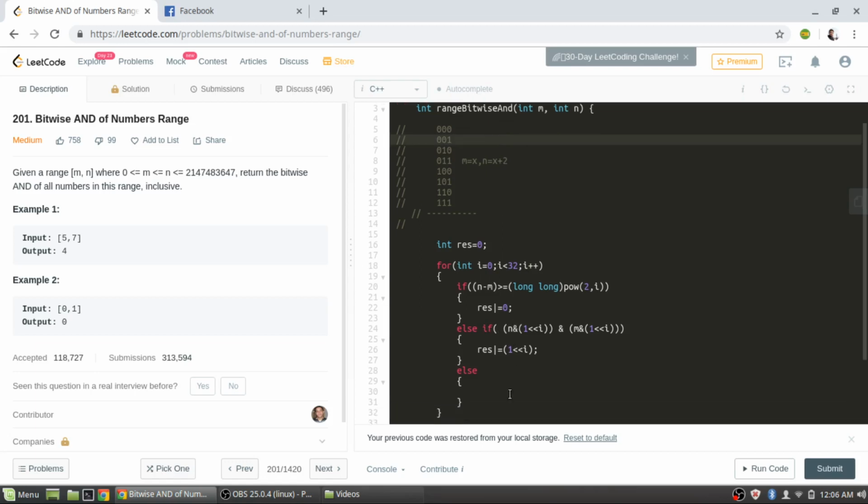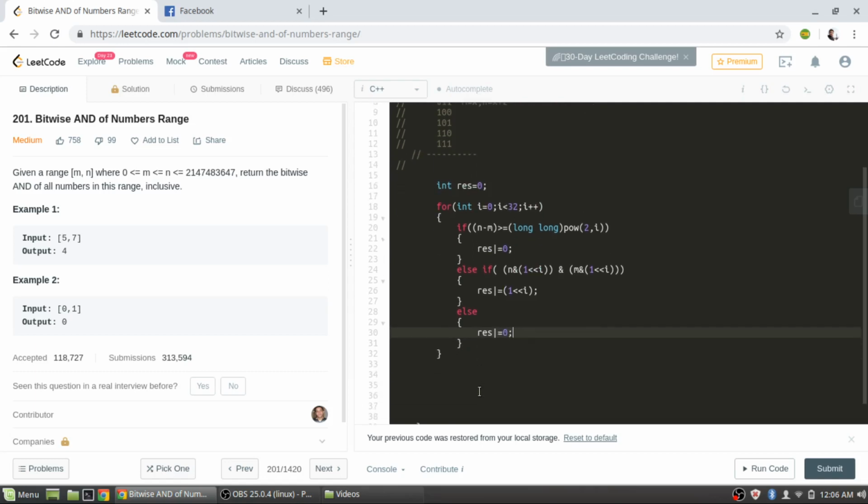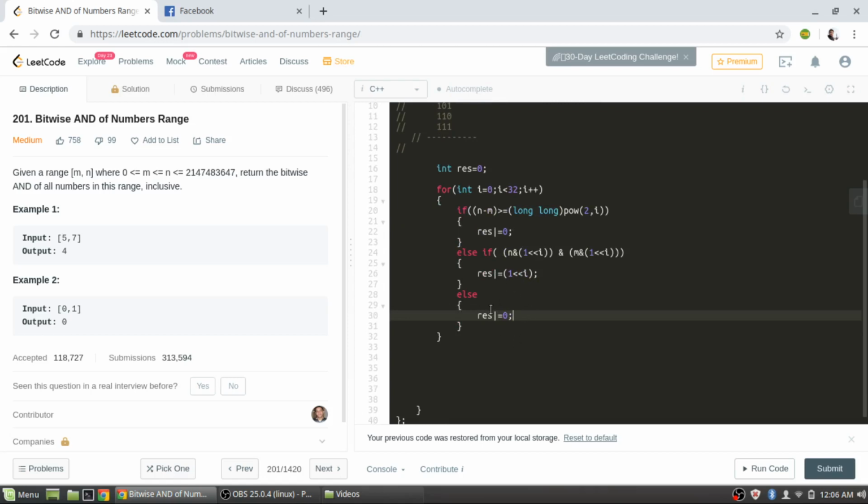I'm calling this the 0th block, 1st block, then 0th block. And if the ith bits of n and m are set, then we are always going to get the ith bit set in the result. But if this is not the case, then we are always going to get 0 in the ith position, and we can update the ith bit of result as 0 like this. And at the end we'll just return this result.